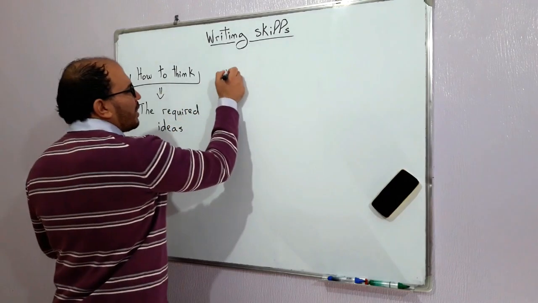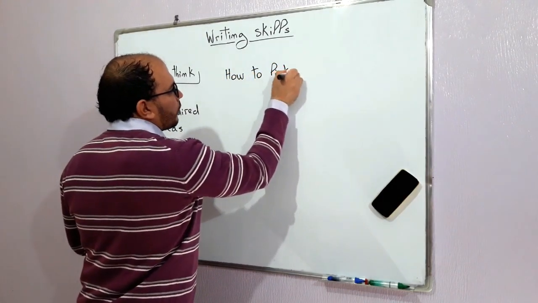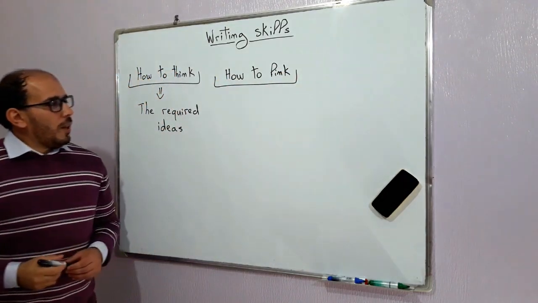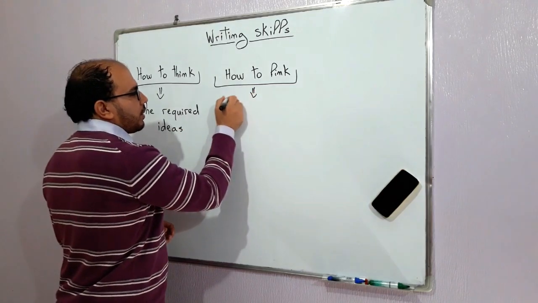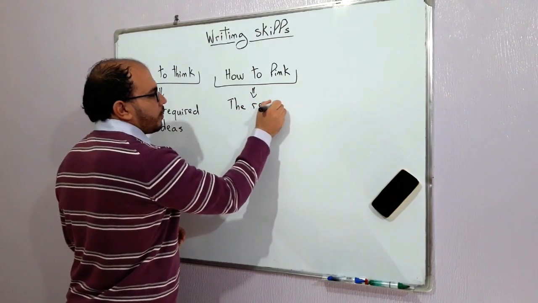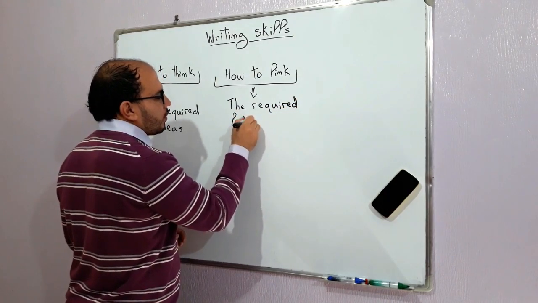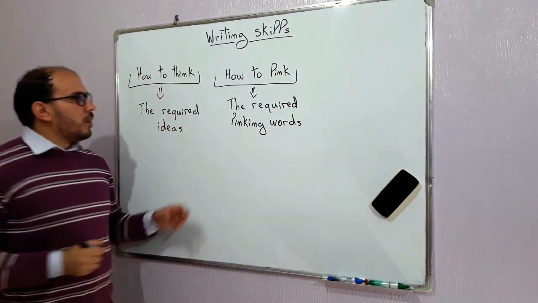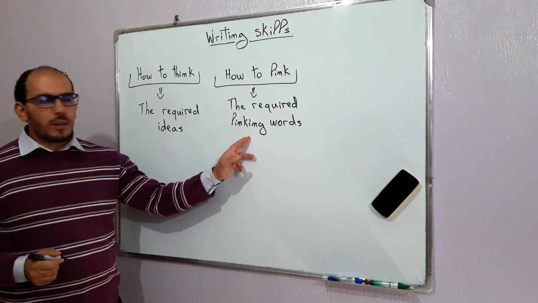The next is how to link. So how to link, and of course in this case we're talking about the required linking words. So to link between your ideas, you are in need of certain linking words.